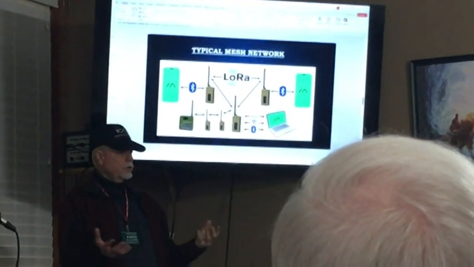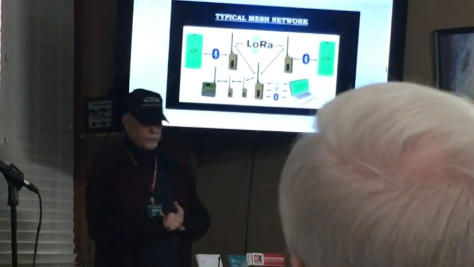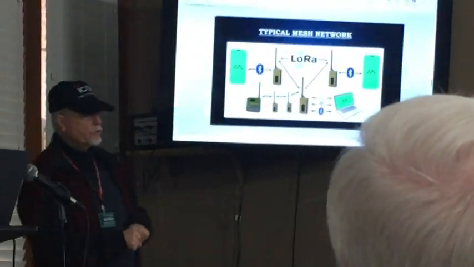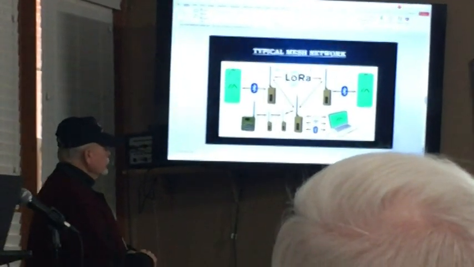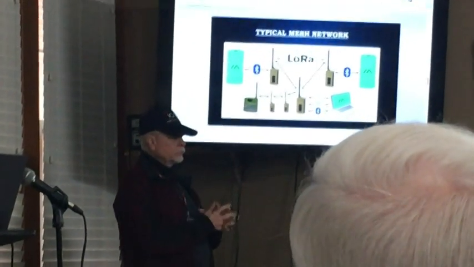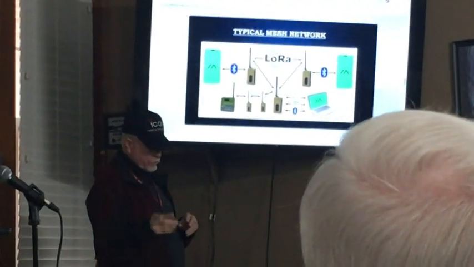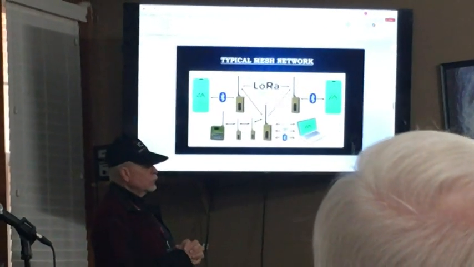Now, what can you do configuring the node? You can do everything with it. You can change the call sign on it, you can change the name of it, you can change the configuration, whatever you want to do, all through the Meshtastic client.